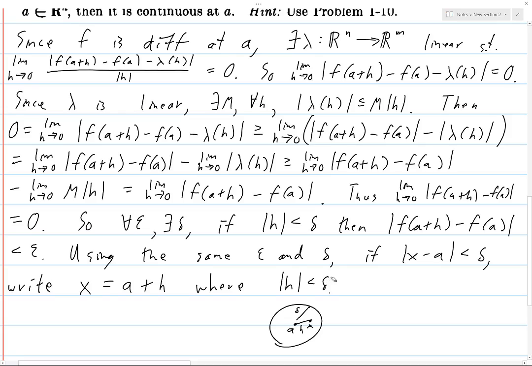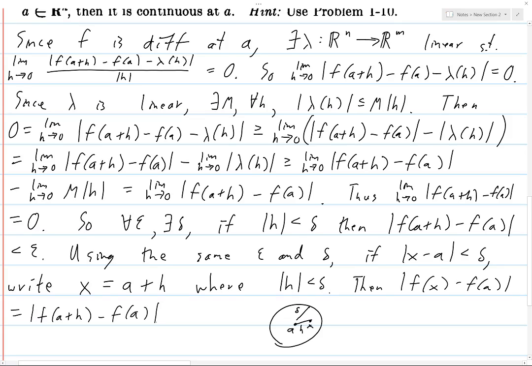Okay, so if the norm of x minus a is less than delta, then we can write x as a plus h. And so then the difference f of x minus f of a is going to be f of a plus h minus f of a.